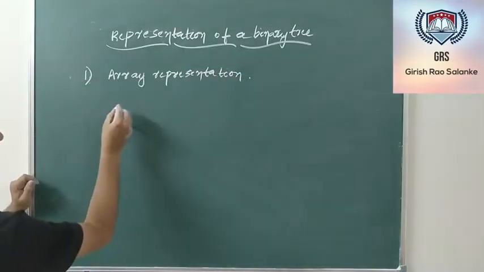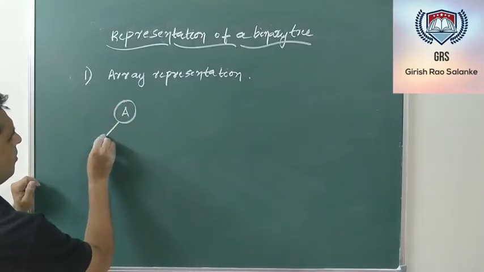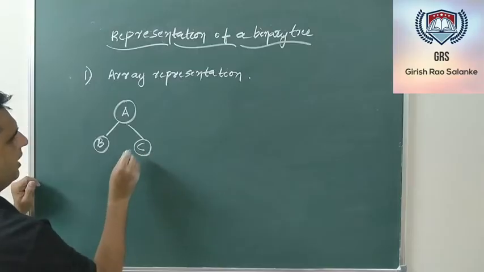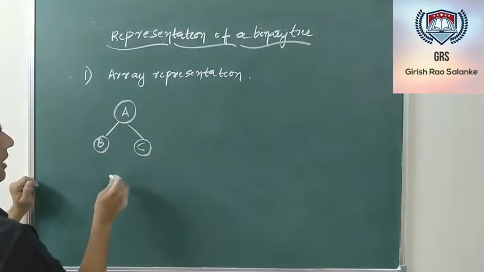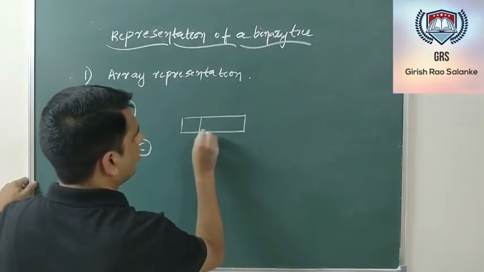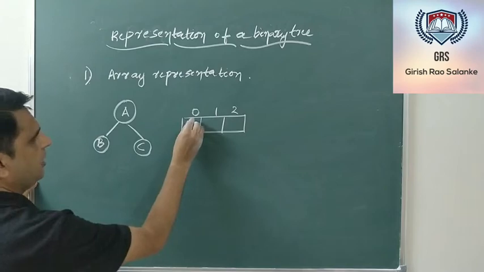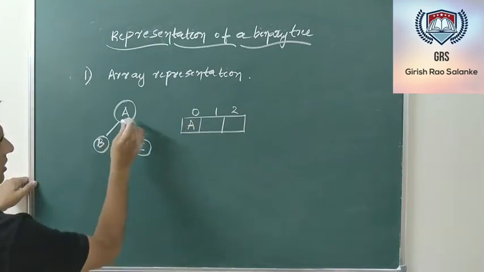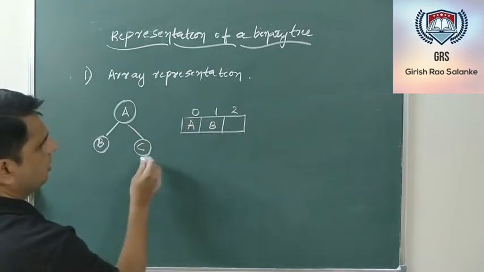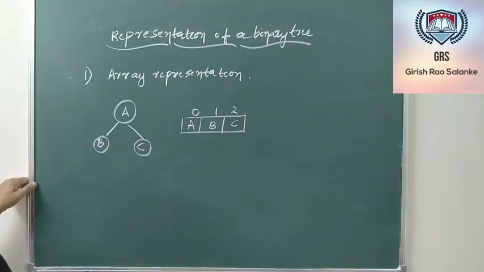Say for example, if this is my binary tree, to represent it I can use an array. So A is stored at location 0, B is stored at location 1, C is stored at location 2.